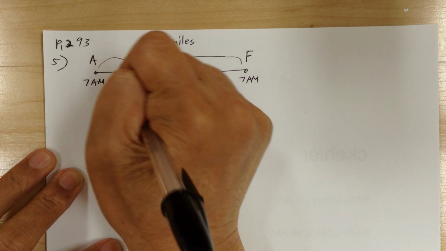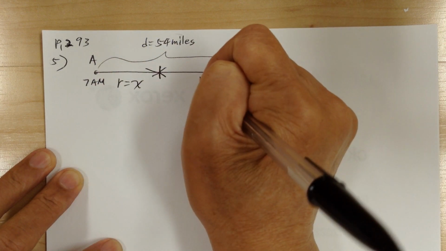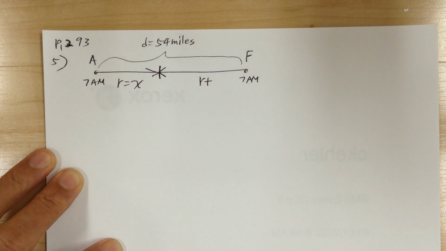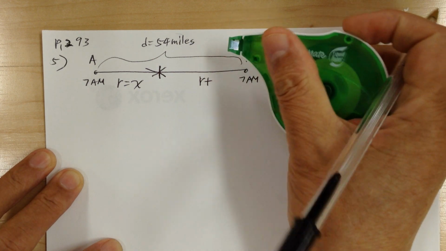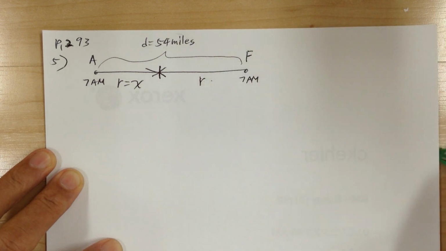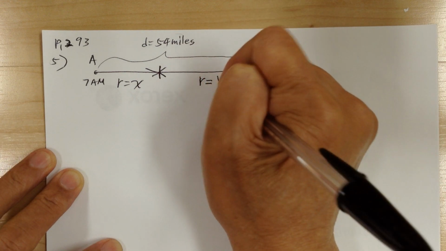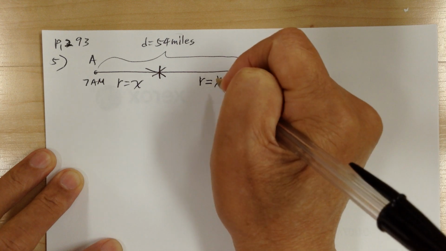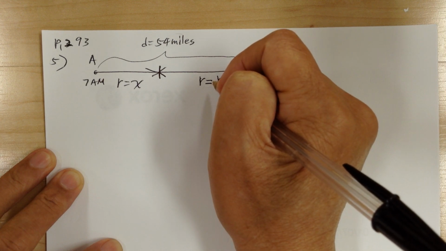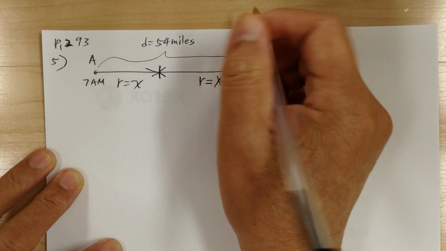So the speed over here, that's called the x, and this one is faster by 2, so it'd be x plus 2. Okay, and they met at 10 a.m.